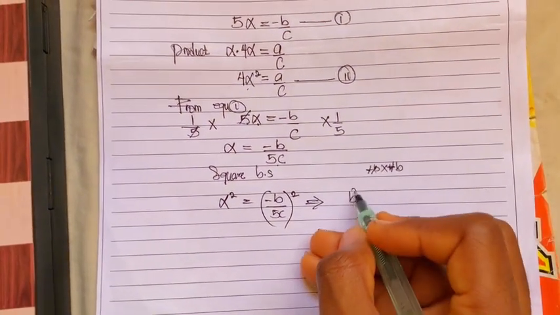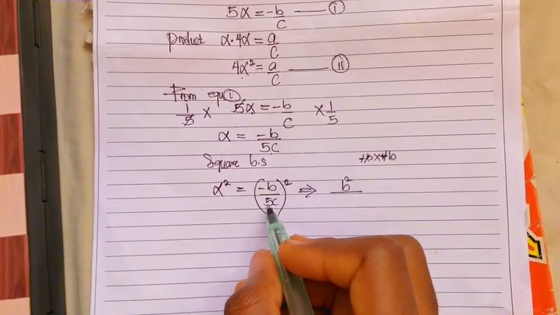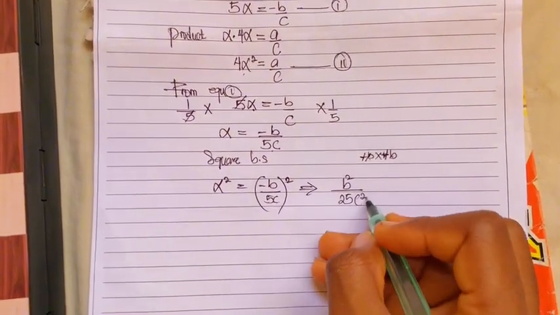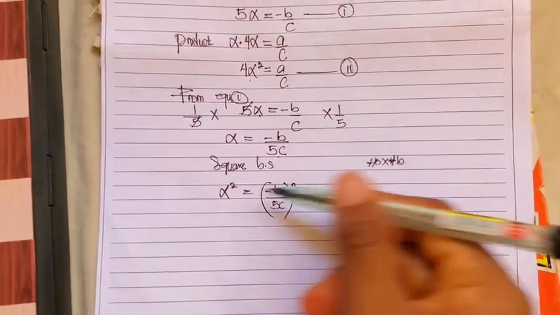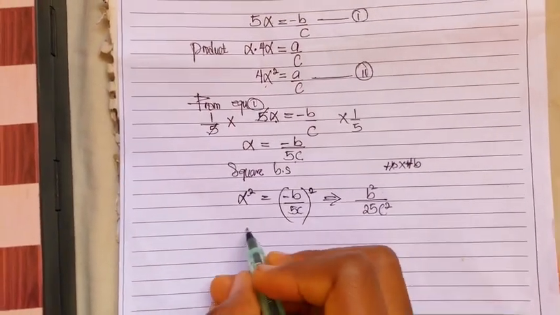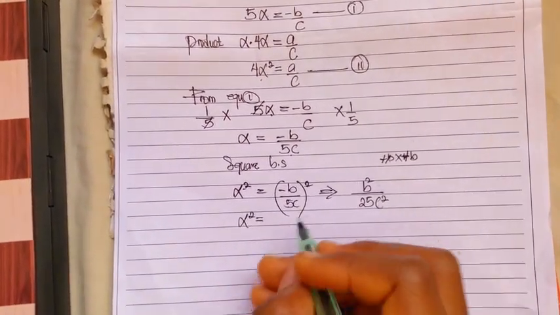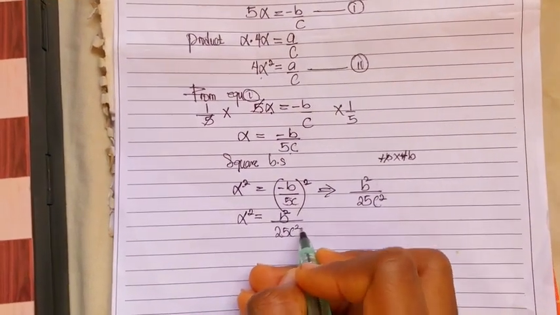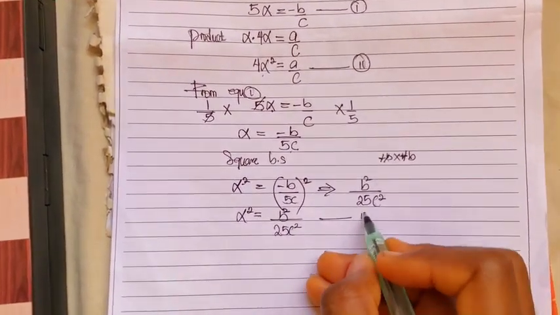So this will give us b squared over 5 squared, which is 25, and c squared. So it means the result of alpha squared is this. Let's rewrite it properly: alpha squared equals b squared over 25c squared. Let's call this equation 3.